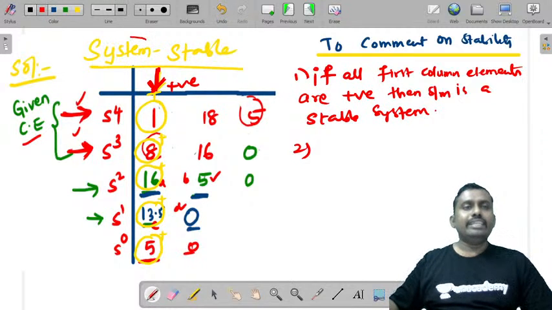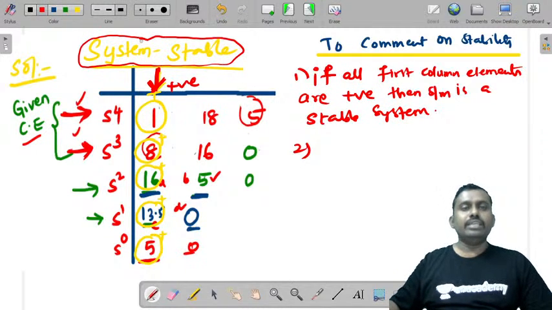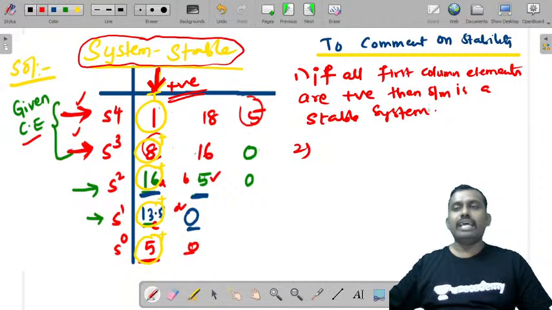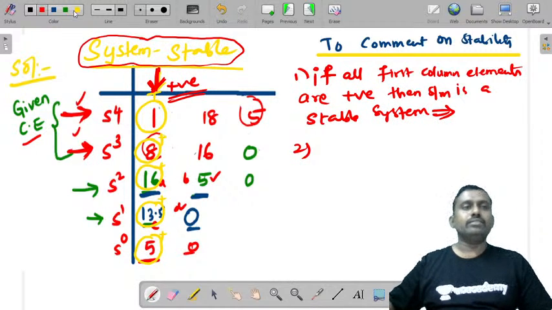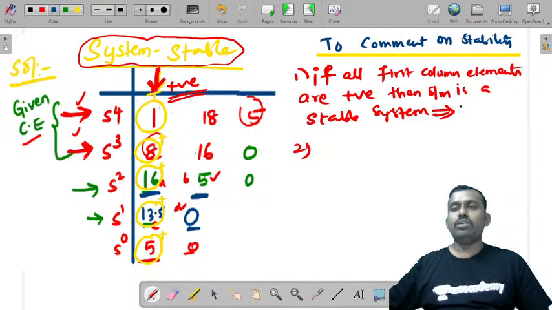So, here the given system is a stable system because all the first column elements in the Routh array are positive elements. Now, when will it be an unstable system? If the first column elements are positive, that also implies there are no negative elements, or in other words, no sign changes.